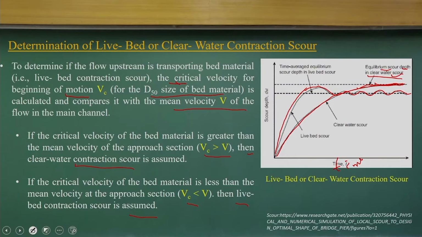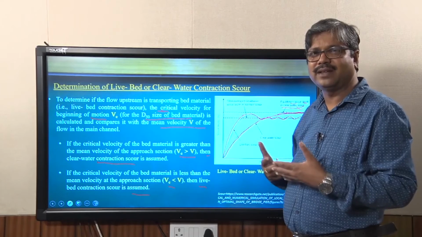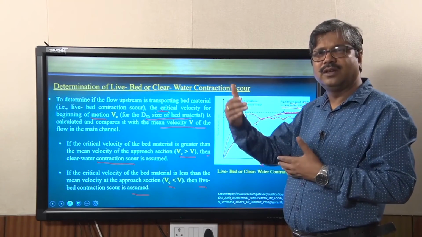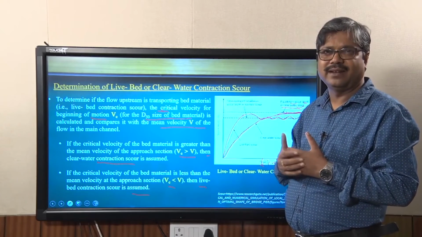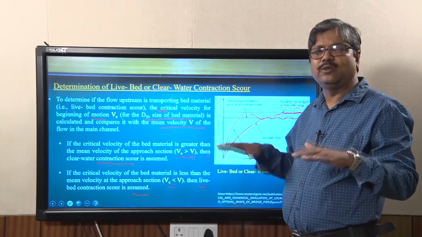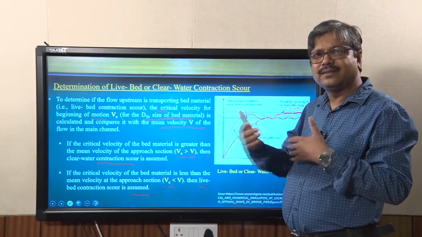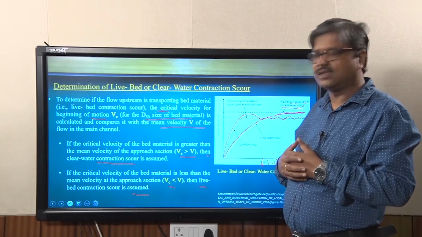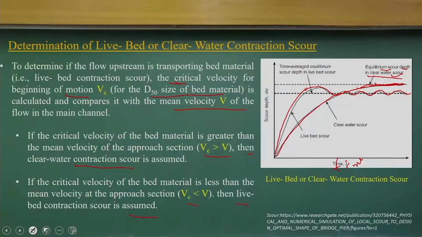After that it fluctuates, as sediment particles are coming from upstream of the scour hole, a feeding mechanism. So we cannot get a steady equilibrium; there will be positive and negative changes, storage and reduction, so the scour depth increases and then fluctuates.